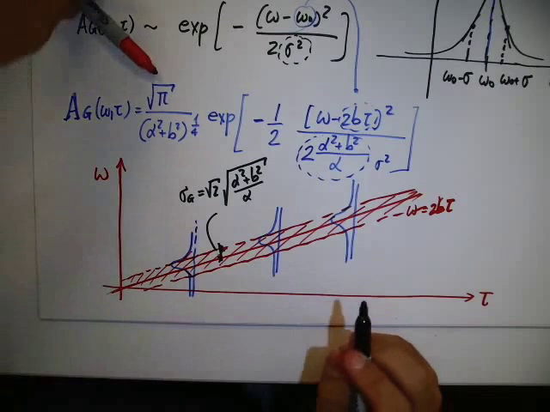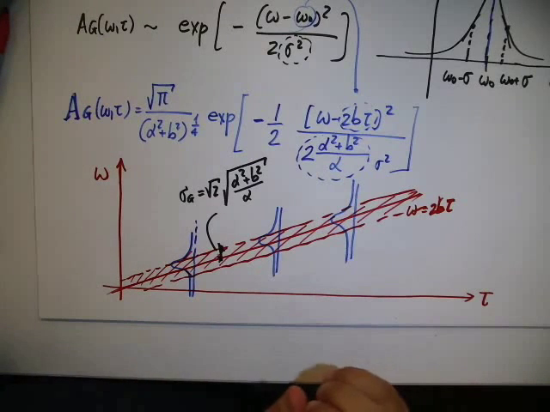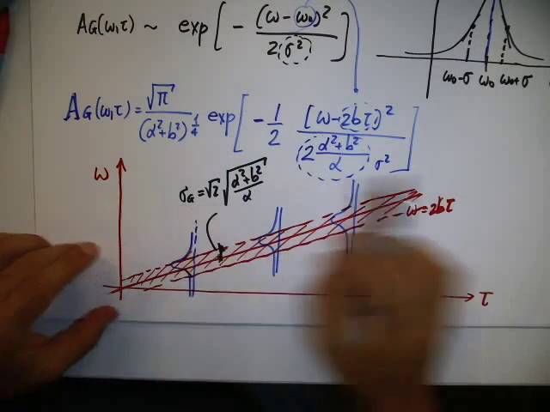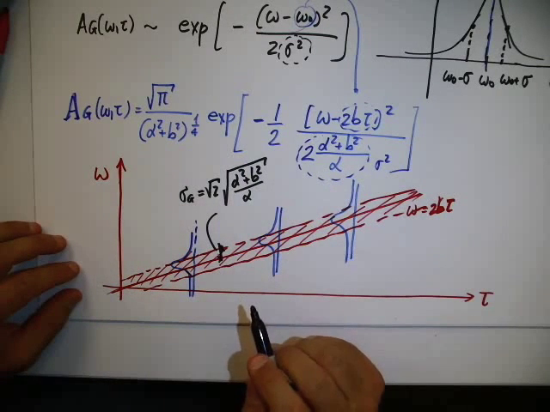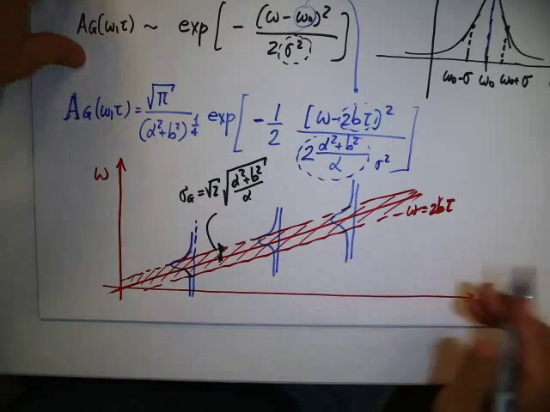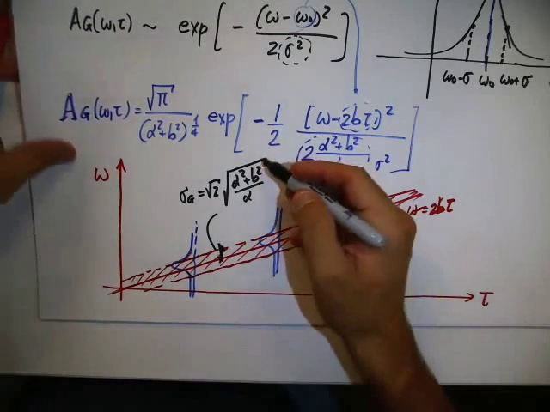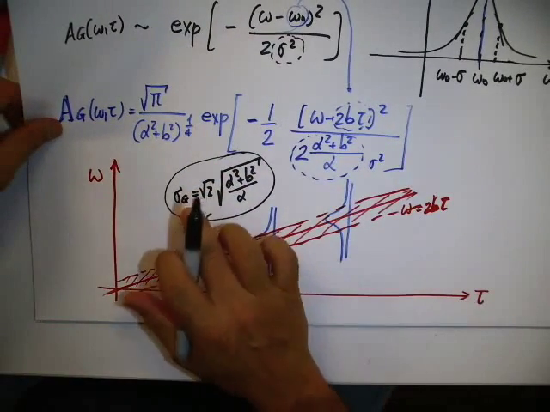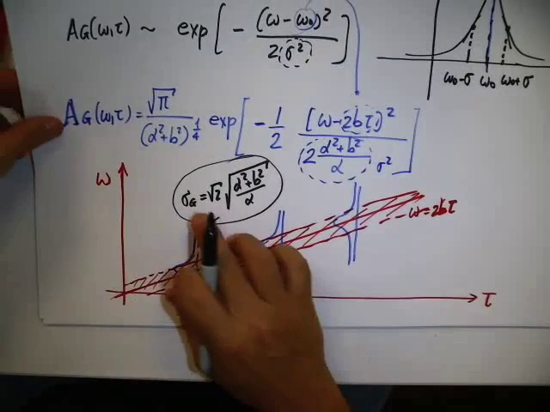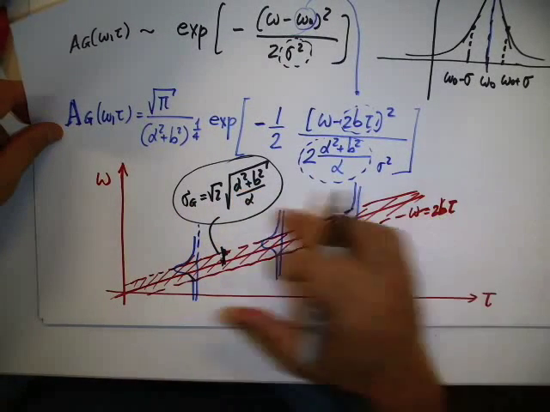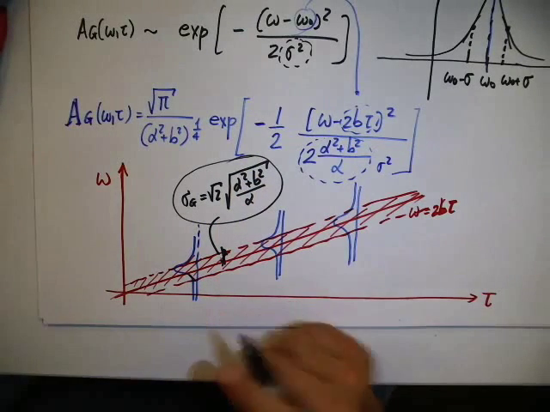So now let's study the variation of this diagram with respect to alpha. Let's understand better how the spread with respect to 2 beta tau changes with alpha.